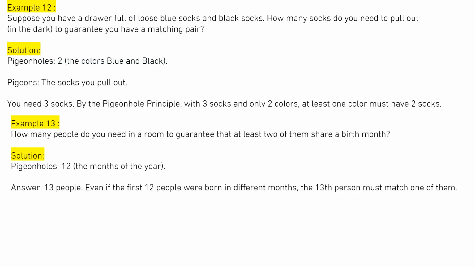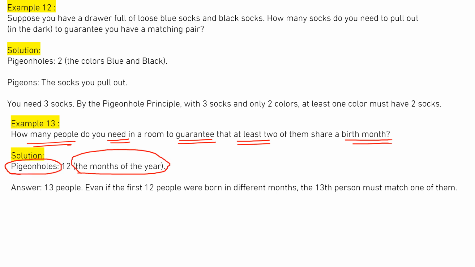Next example, how many people do you need in a room to guarantee that at least 2 of the people share a birth month? So here we treat the 12 months as pigeonholes. So how many pigeons are needed? Pigeons means the number of people here. If the first 12 people were born in all different months, that means the first person born in January, second person born in February, third in March, fourth in April, like that.